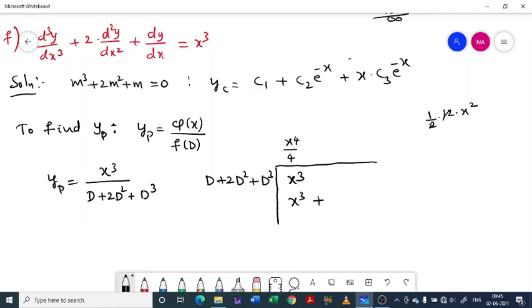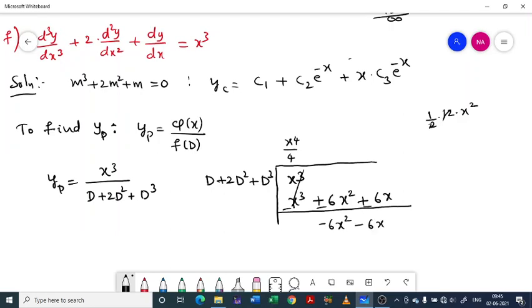So 6x square plus d cube, that means I have to differentiate x power 4 by 4 three times. You can check that it will be 6x. Now subtracting, these two get cancelled. So minus 6x square minus 6x.